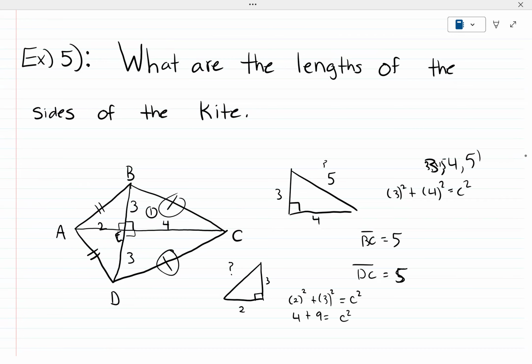So c is the square root of 13. This length here is square root of 13, and this length here is square root of 13. So you could say line segment AB is square root of 13, and line segment AD is square root of 13.